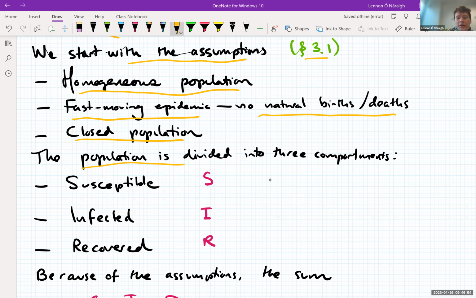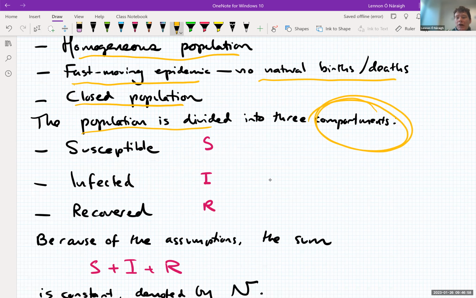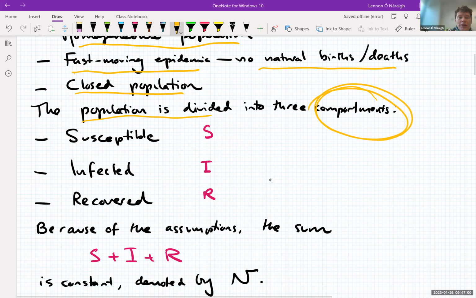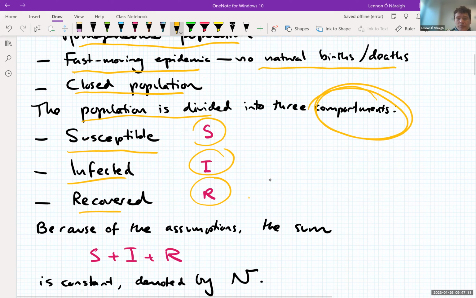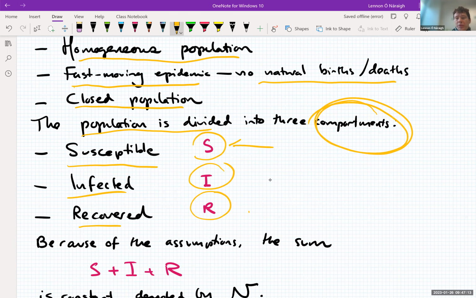So the total population then is divided into 3 compartments. So this is compartmental modeling. There's the susceptible compartment, hence S, the infected compartment, hence I, and the recovered compartment, hence R. So you have this pool of susceptible people who can get the disease.